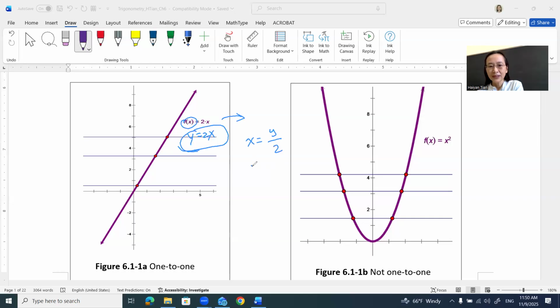This is called the inverse function, because previously the y is found for each given x. Now x is found for each given y. So this is the inverse of the original function.